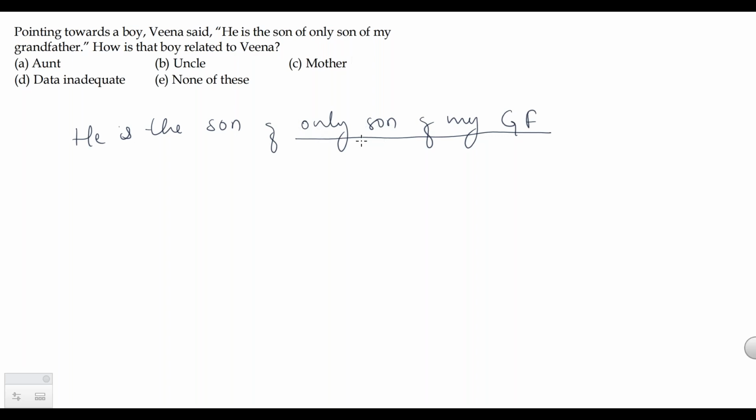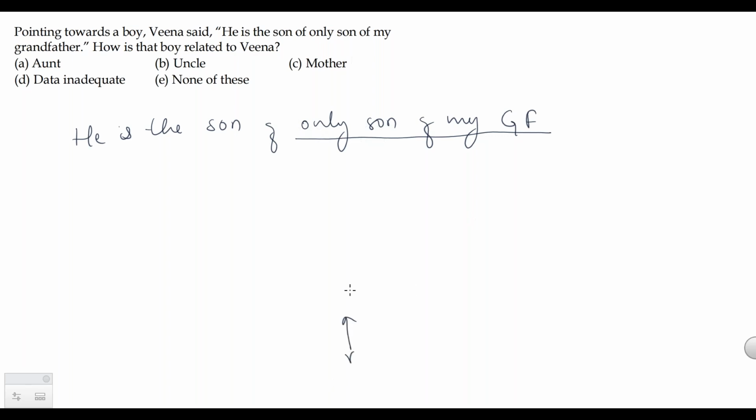Veena's grandfather has a son. Okay, we'll take the possibilities. First, I'll consider grandfather, really grandfather means Veena's father's father, right?